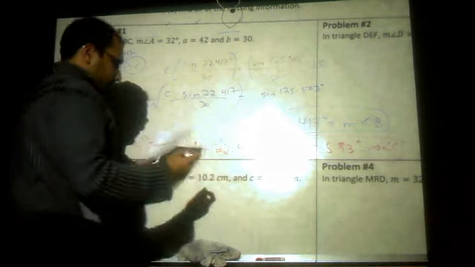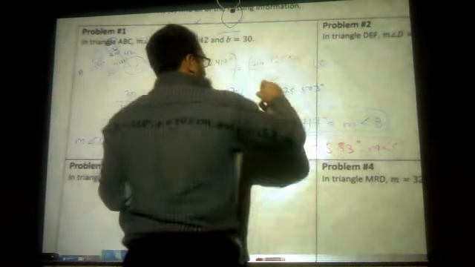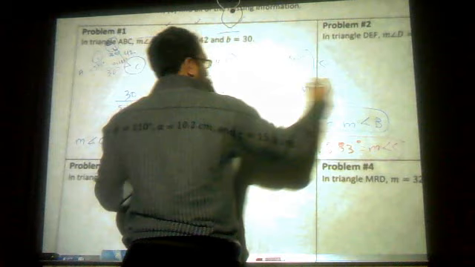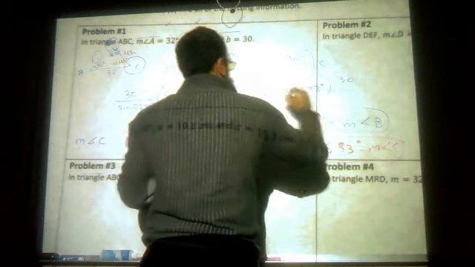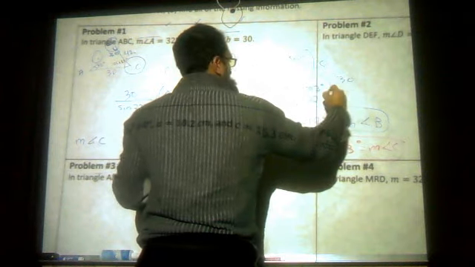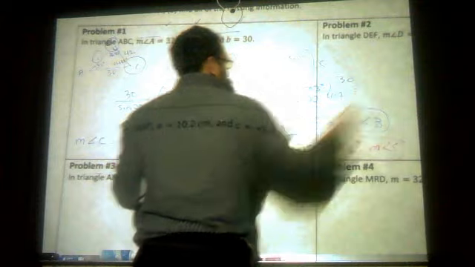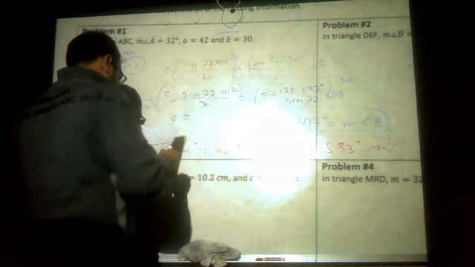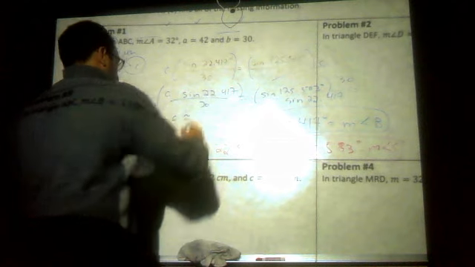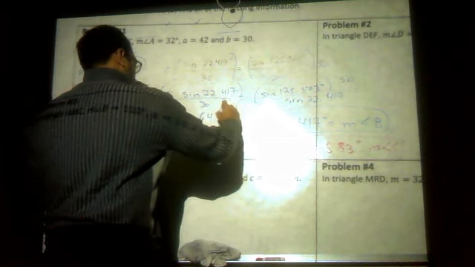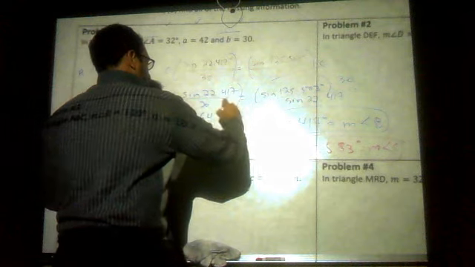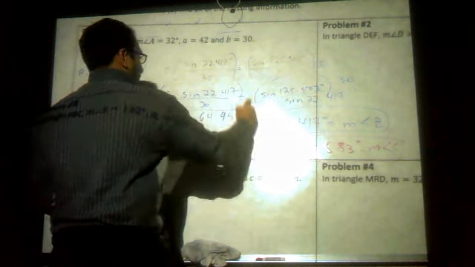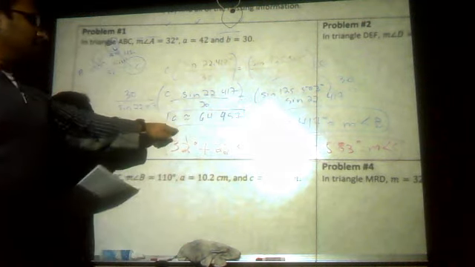Whenever we do that, we get our side C, which is approximately 64.457. 64.457 is our value for side C.